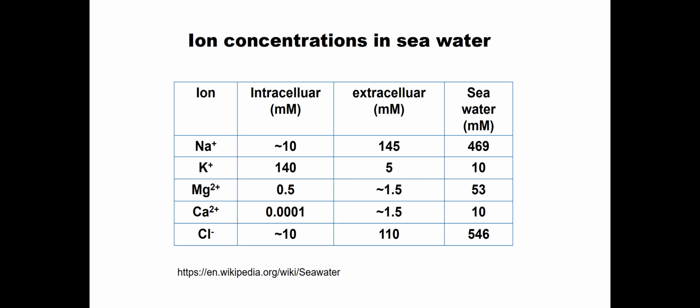Now, if you look at these two comparisons, the extracellular composition is kind of diluted seawater, right? The sodium chloride concentration is maybe 3 or 4 times higher, but this is kind of diluted seawater.